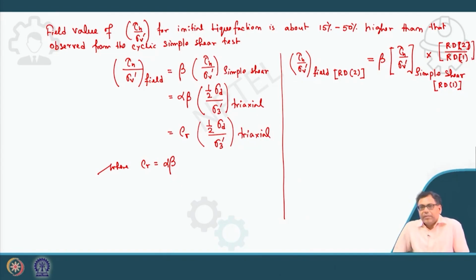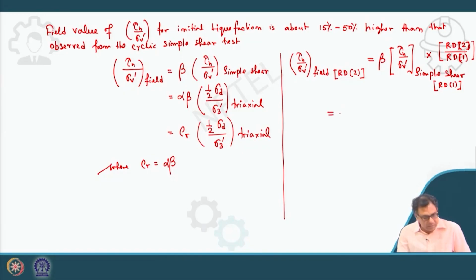Okay. So that means RD2 is the relative field density and RD1 is the relative density under which the tests are being conducted. So the correction factor will be RD2 divided by RD1.